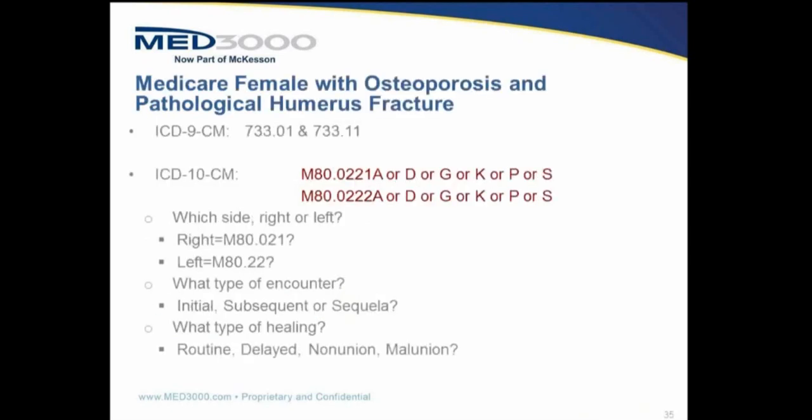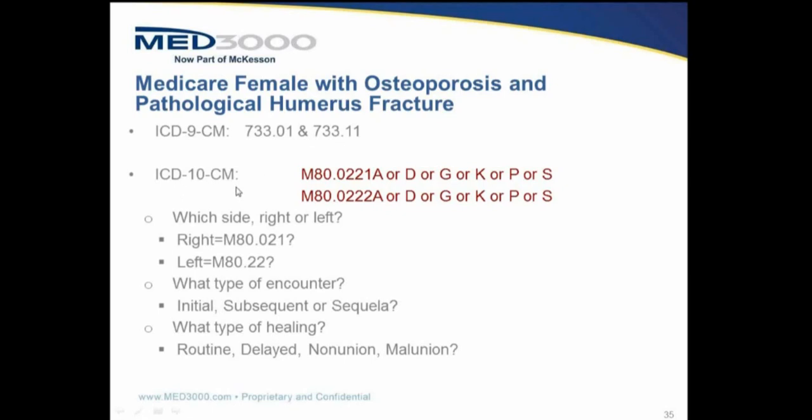Then we have an example here of a Medicare female patient that has osteoporosis, and she also has had a pathological fracture. So in our ICD-9 world as of today, we would have our codes of 733.01 and 733.11.